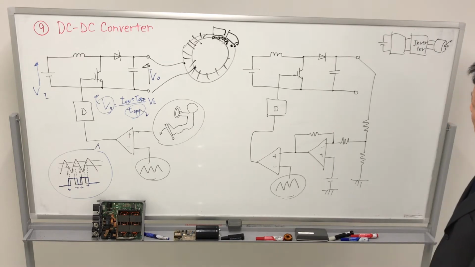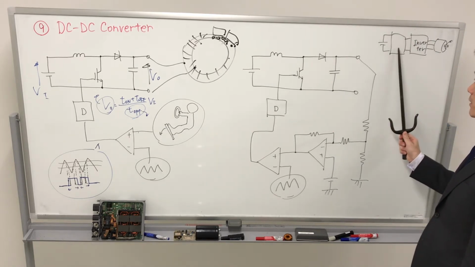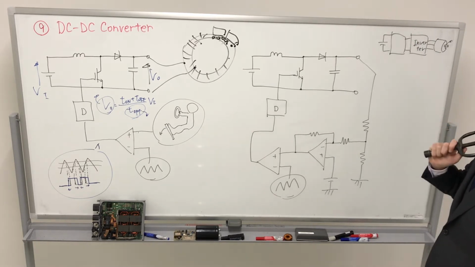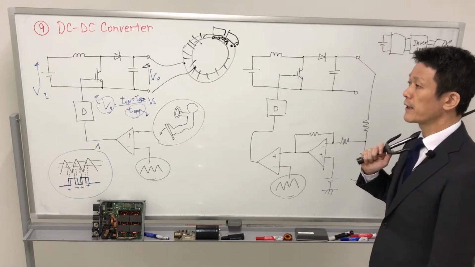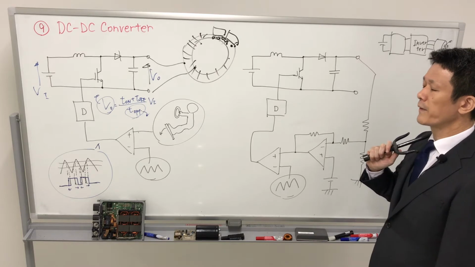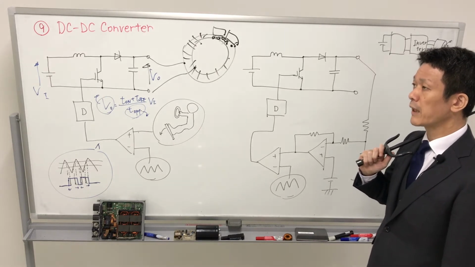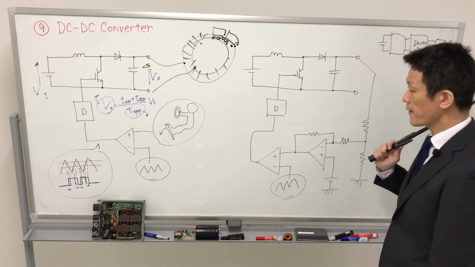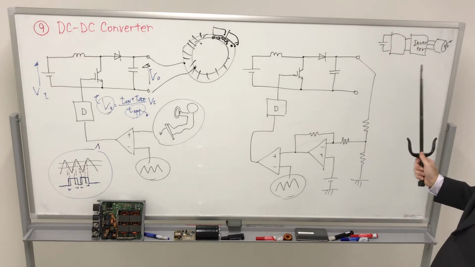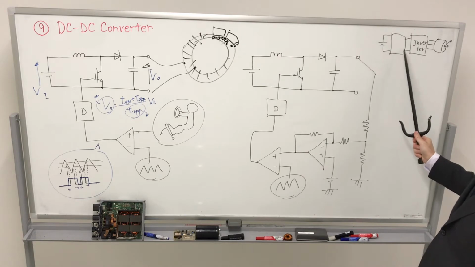Okay, boost chopper and inverter. This is the Prius and Yaris, Toyota's famous models. In the case of Honda, there are the Accord and the fuel cell type. They have included a boost chopper and inverter.